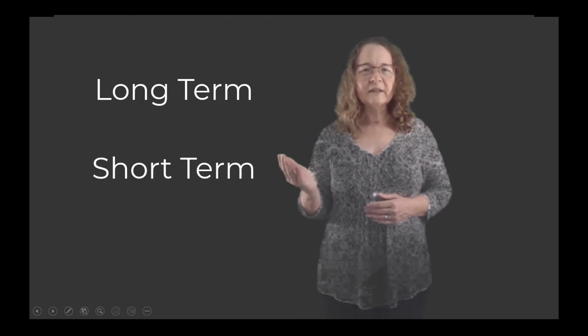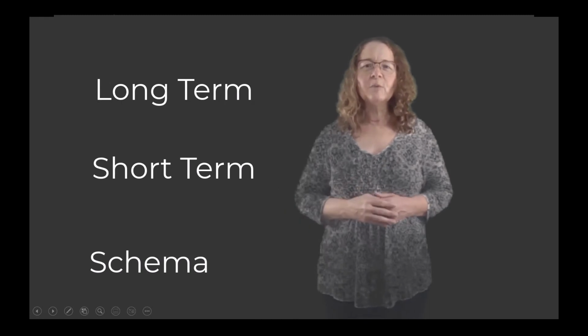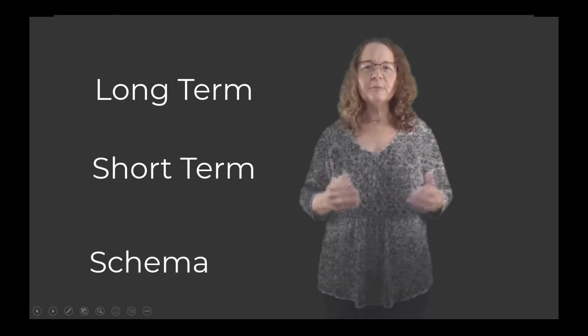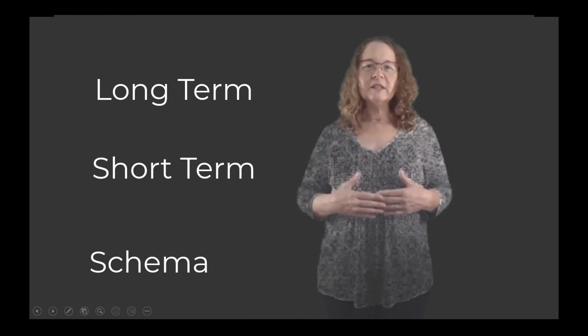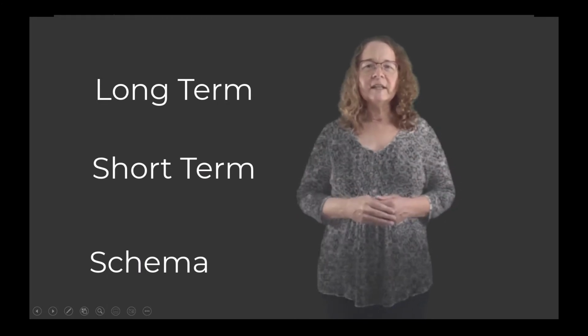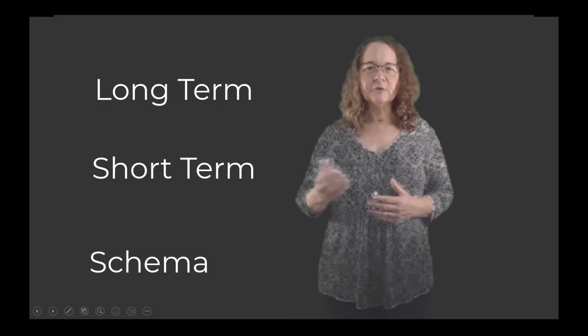We have to think about all this then with the long-term memory, the short-term memory, and schema. So when we think about these things, their long-term memory is pretty much limitless. Once they've learned things that we're trying to teach them and they've integrated it, they can learn lots and lots over time.